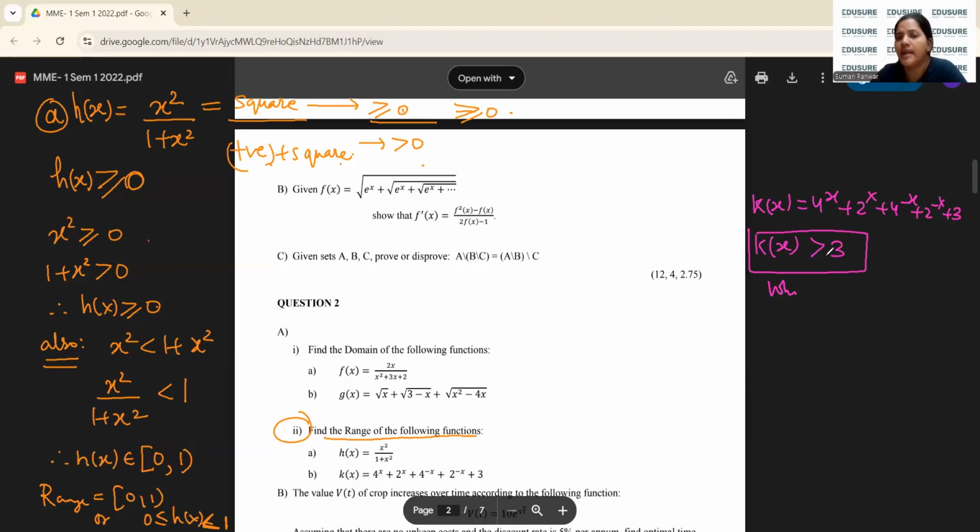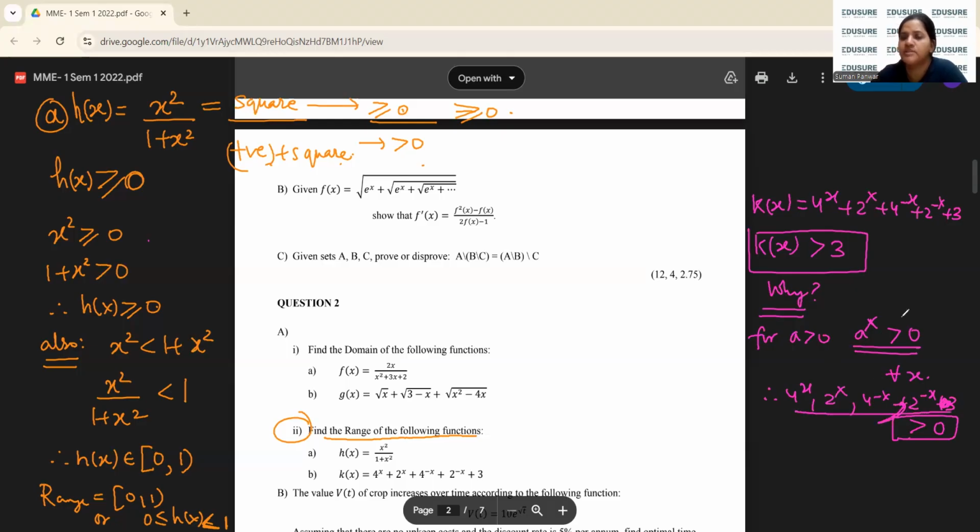The reason is that for a positive a, a^x is always positive for all x. So therefore, 4^x, 2^x, 4^(-x), 2^(-x) are all positive. When we add these positive terms and 3, they are definitely greater than 3.